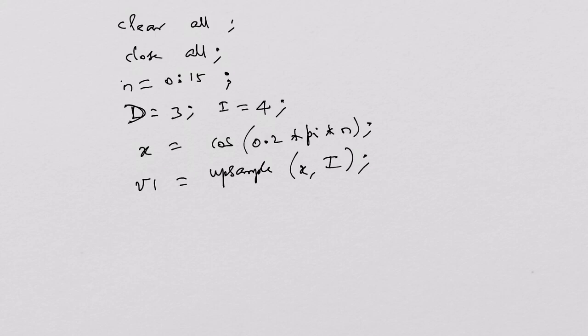Let me also have y1, which is actually the output of a downsampler. What is applied as an input to the downsampler? Let me apply v1. What is the amount of times it has to work with decimation? Sorry, what is it? Interpolation, because in the previous case we worked with interpolation. So let me have the decimation work here. V1 comma D will be ready.